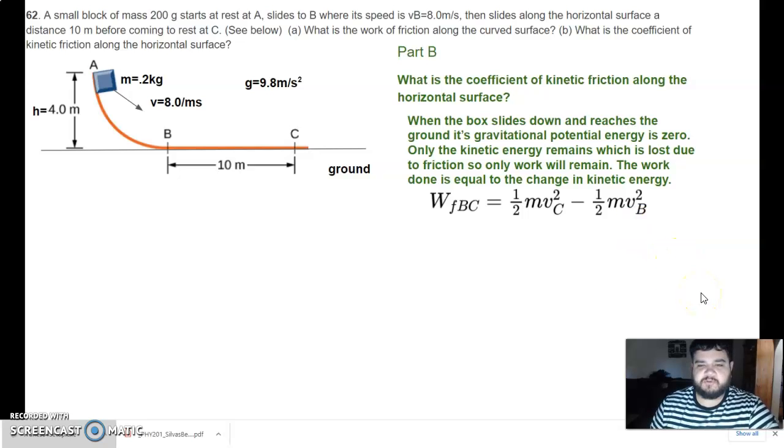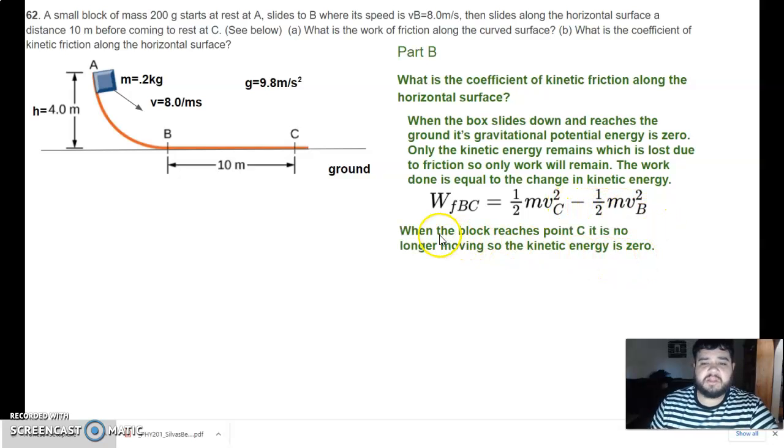So the work of friction between point B and point C, the horizontal surface, is equal to 1/2 mv squared, the kinetic energy at point C, minus the 1/2 mv squared at point B. When the block reaches point C, it's not moving, so the kinetic energy at that point is 0.